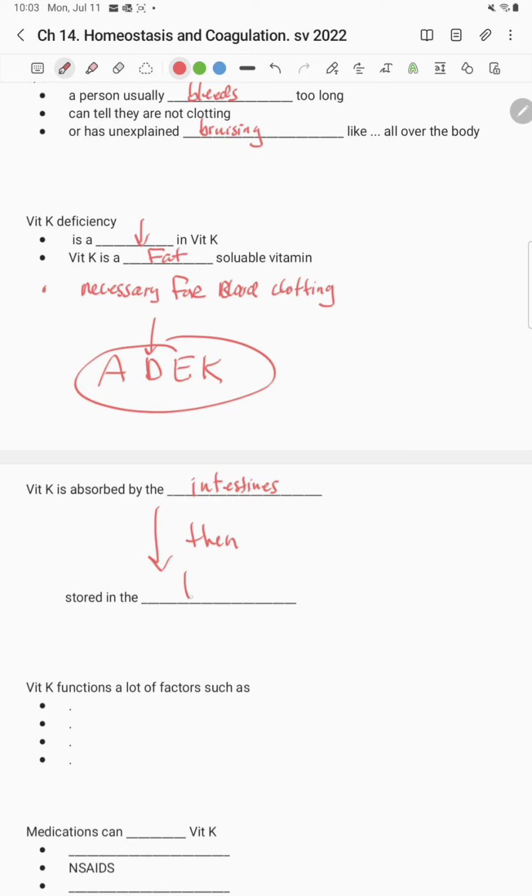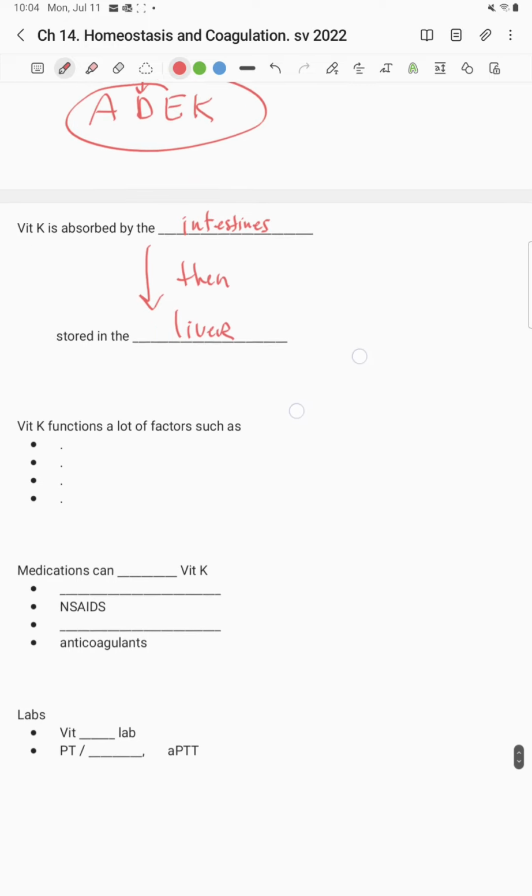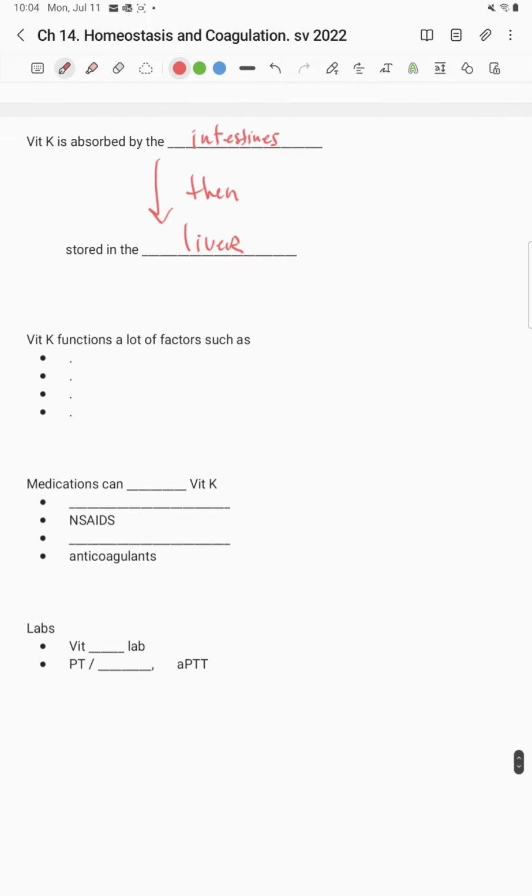Then it's stored in the liver. Then you have to think about people with liver disease, alcoholism, and all that. They're probably fat-soluble vitamin deficient as well. Vitamin K functions in a lot of factors such as factor 2, factor 7, factor 9, and factor 10.